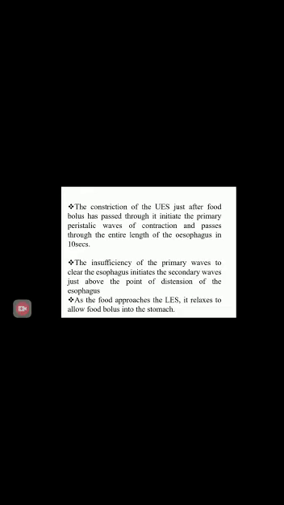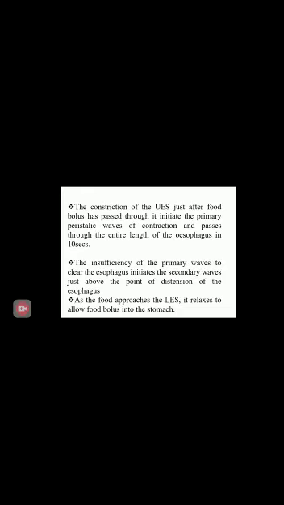The primary peristaltic waves sweep the contents of the esophagus in 10 seconds into the stomach.